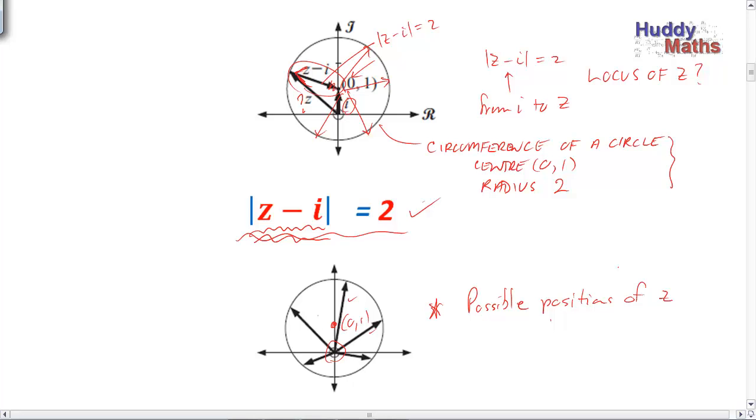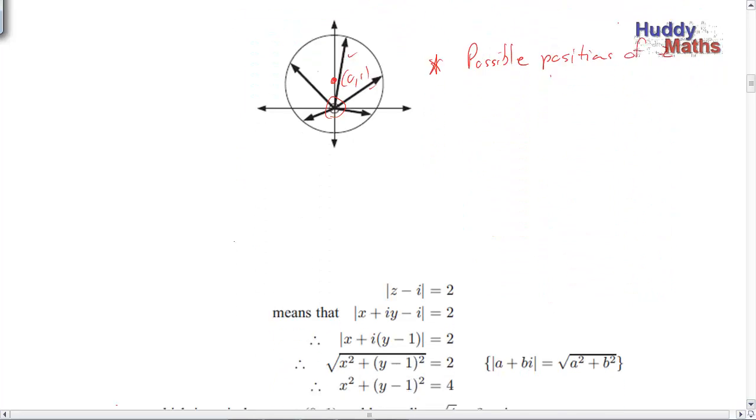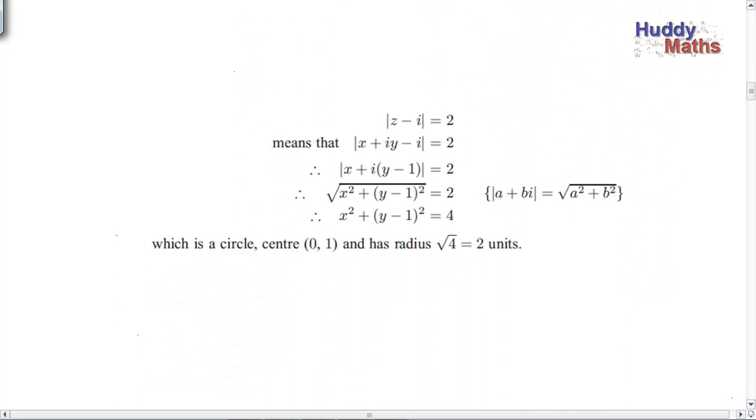Interesting stuff. Okay, come down now and let's check it algebraically. So we were just doing it geometrically. If we're given this statement, let's let z = x + iy, which we often do in proofs. So it's the size of z − i, and then this is x plus, collecting up the imaginary parts, i outside of (y − 1), factorising that.